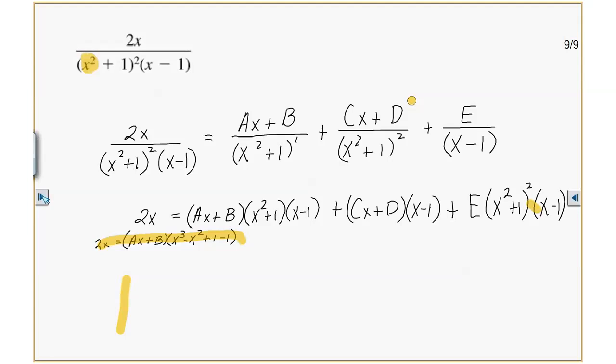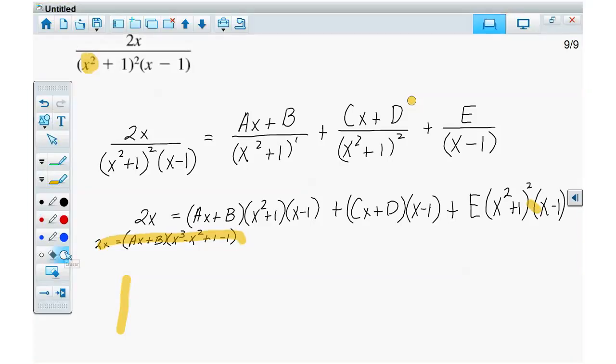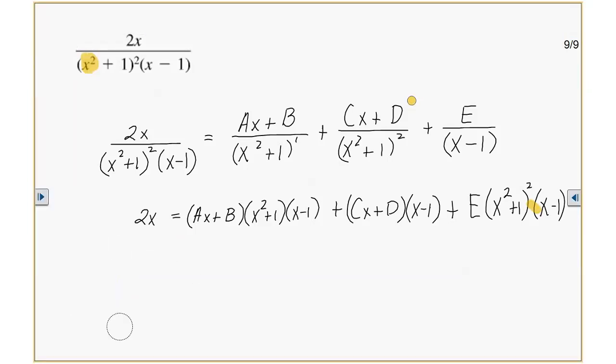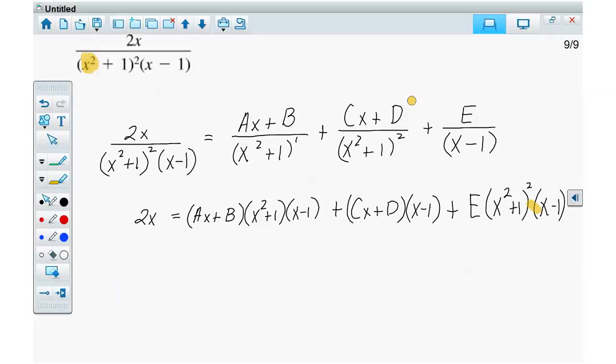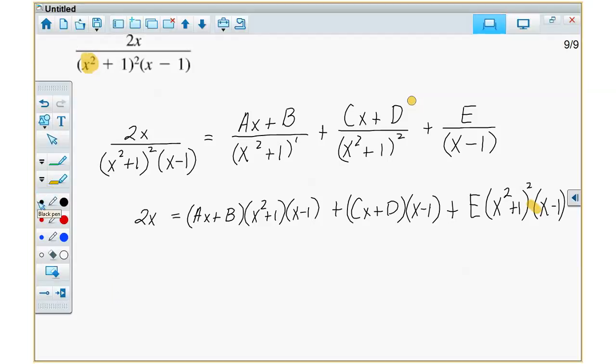They did find E. Well, let's go ahead and plug in a positive 1 like I said. If we plug in a positive 1 here, what happens? Positive 1 takes out everything. Hold on, can't use negative 1.